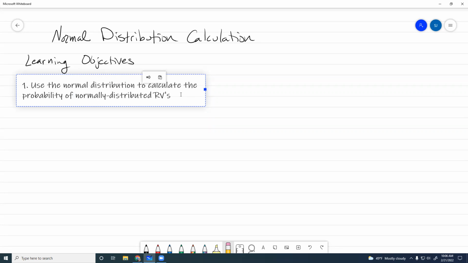So the random variables follow a normal distribution, and we'll use that distribution to calculate the probability of values.